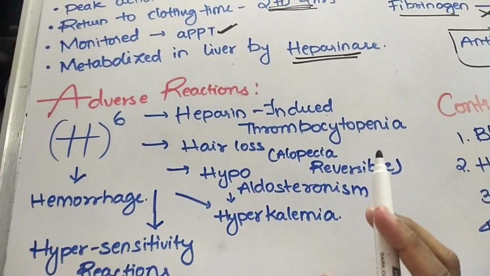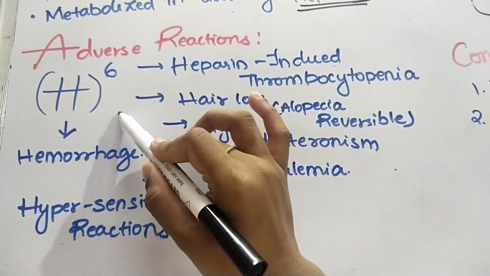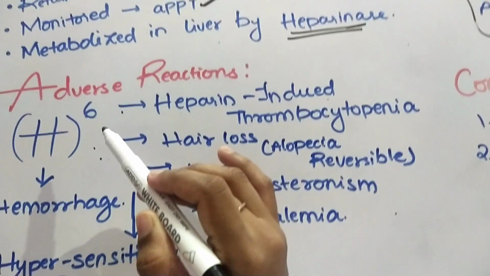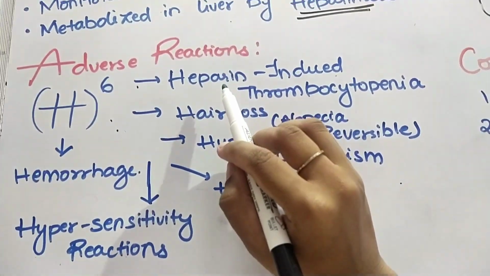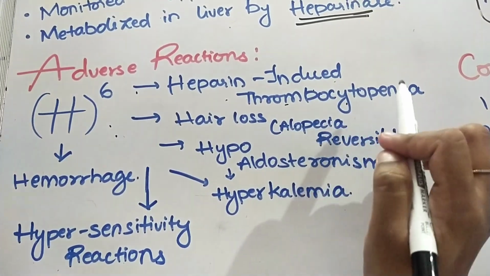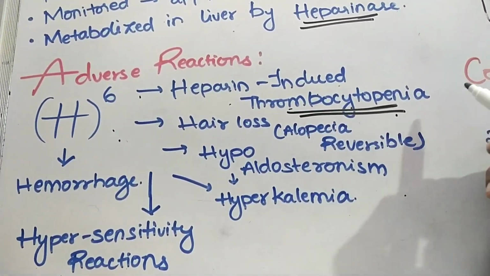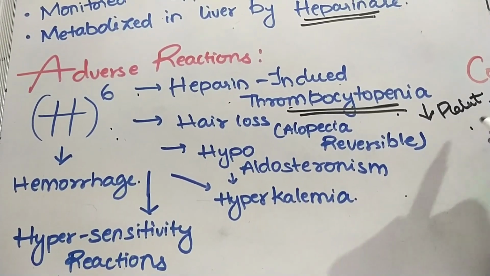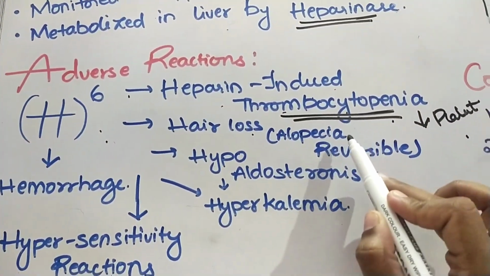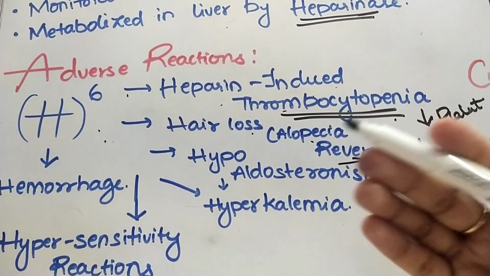Now coming to the adverse effects, there is a mnemonic, H to the power of 6. There are 6 H's to remember the adverse effects of heparin. Heparin induced thrombocytopenia, which is a decrease in the platelet count. And hair loss, alopecia, which is reversible, the hair can regrow.